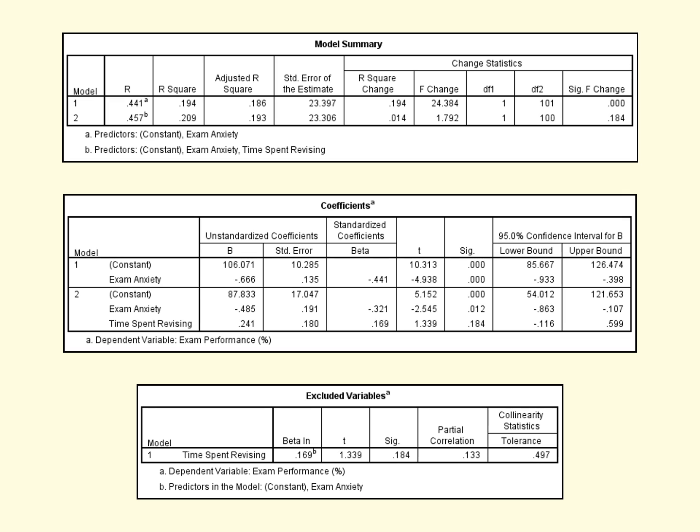You can see model 2, the second augmented model, where we're now adding time spent studying, and that model explains maybe 20% of the variance in the outcome variable. If you look at the column for R-squared change, you can see that difference. It's about 1% of the variance improvement, and if you slide over to the significance for that change, that is not a significant improvement in fit.